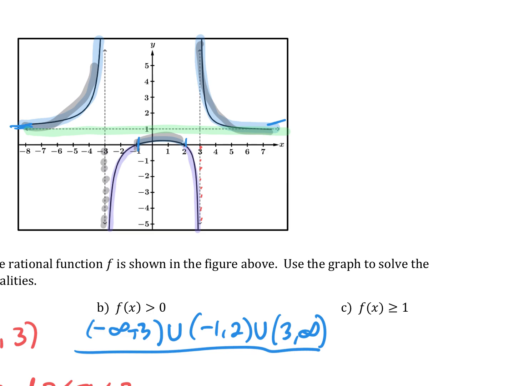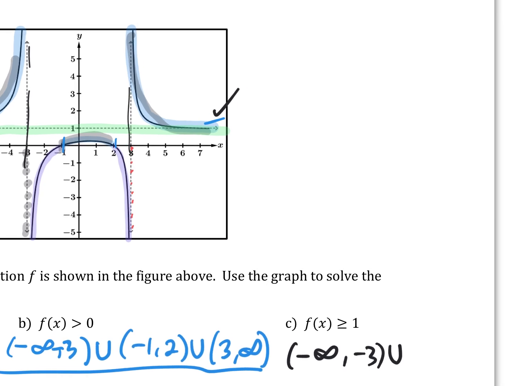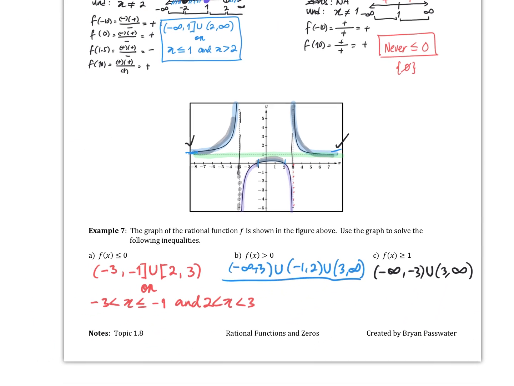Therefore, to answer this question, the interval starts from this part until here. We can write it this way: from negative infinity to the asymptote here, which is negative 3, and the union of, starting from this asymptote again, which is 3 to infinity. So this is the answer to these questions.